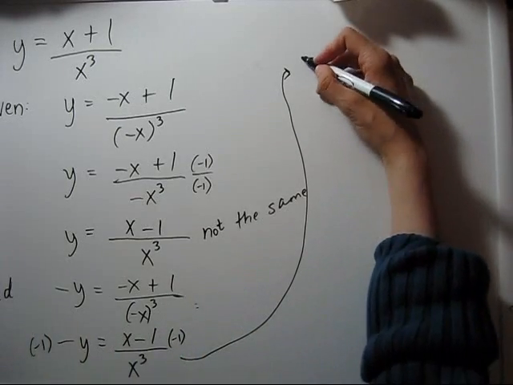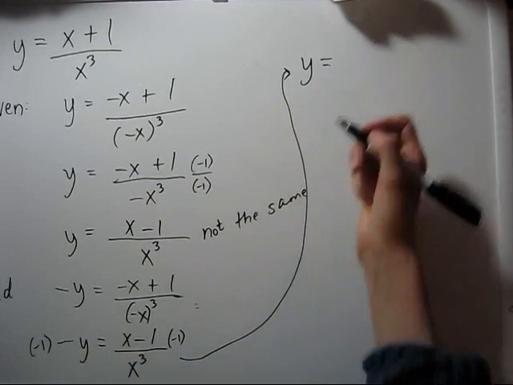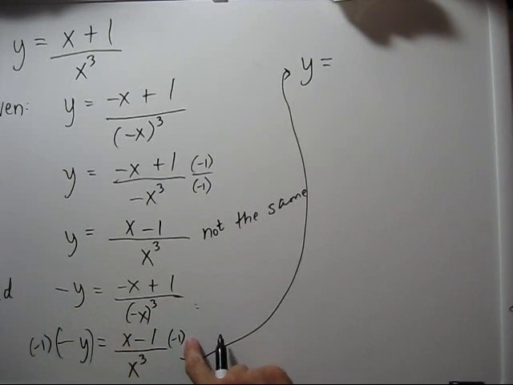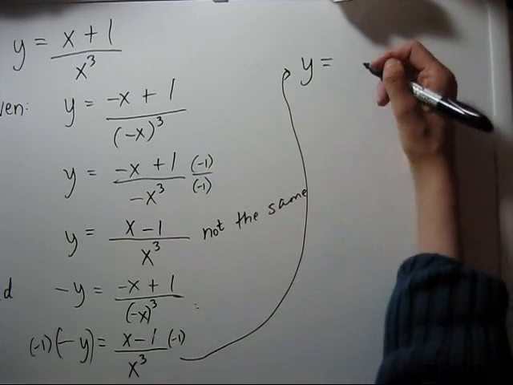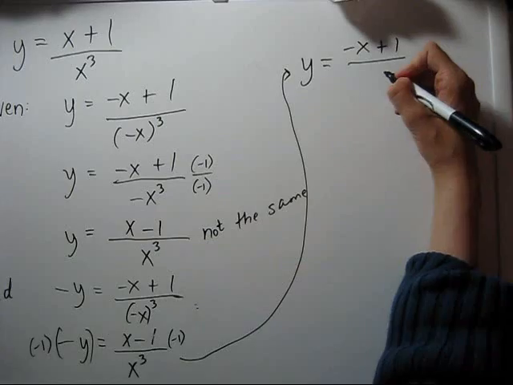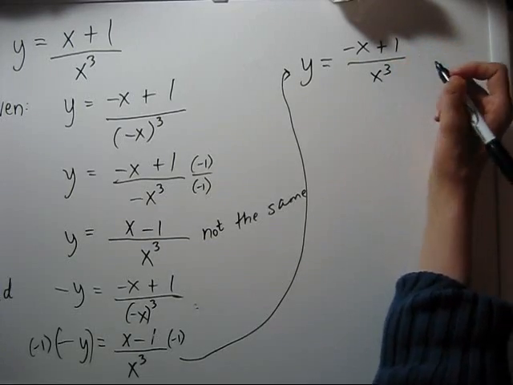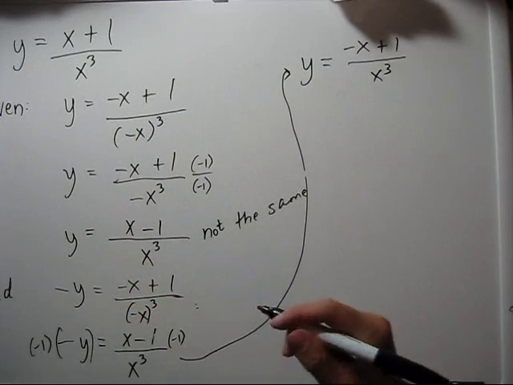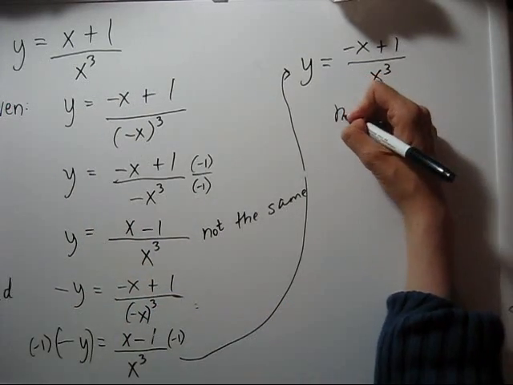We're going to get y equals, now I can choose to multiply that negative 1 by the numerator or the denominator. I want the denominator to be x cubed, so I'm going to leave that. So this will be negative x plus 1 all over x cubed. And it's not the same. This has a negative x where this has an x, so this is not odd.